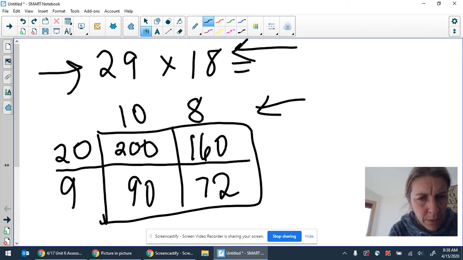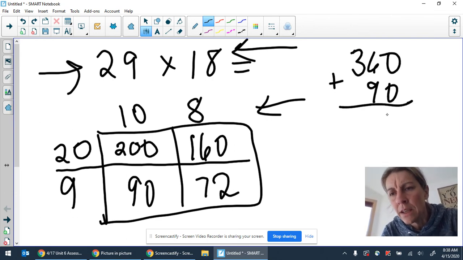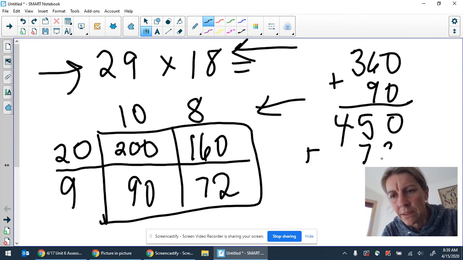Just add up these numbers. 200 plus 160 is 360. 360, just don't want to make a mistake, plus 90 is 450. And then I just have to add that 72.